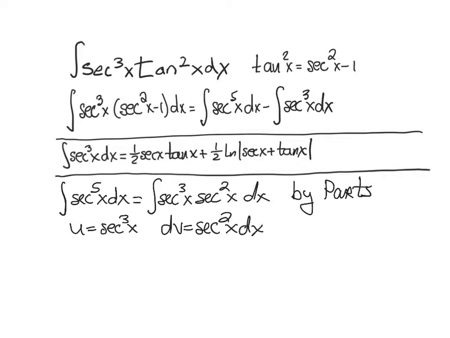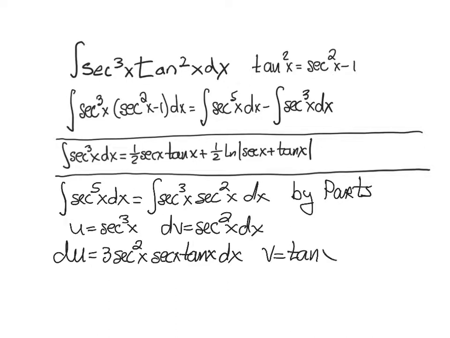Let's take the derivative of secant cubed, which is 3 secant squared times the derivative of secant, which is secant times tangent times dx. And of course, the antiderivative of secant squared, which is v, is tangent of x.